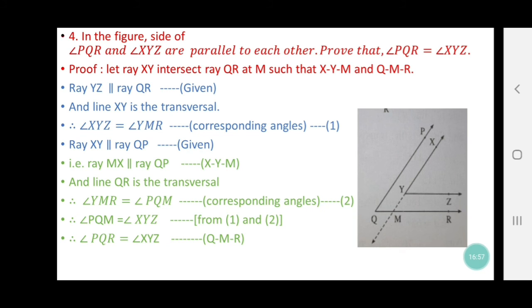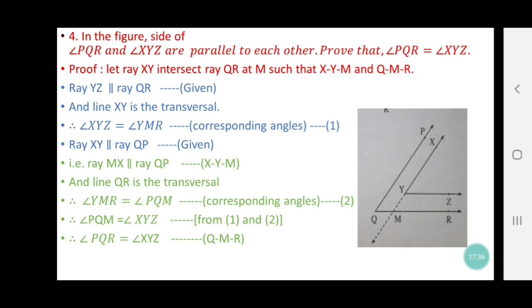As this angle is equal to this angle in the first case, in the second case angle PQM is equal to angle YMR. Now YMR is equal to XYZ also and PQR also. So from 1 and 2 we come to the conclusion that PQR is equal to XYZ. In this way we have proved it. In both cases we have used the corresponding angle property.